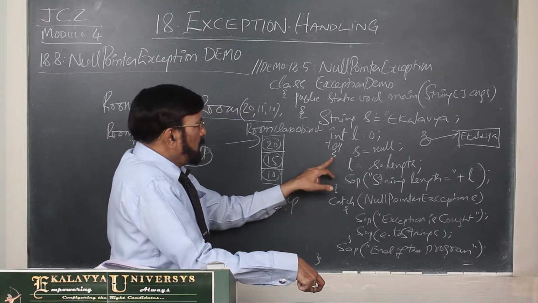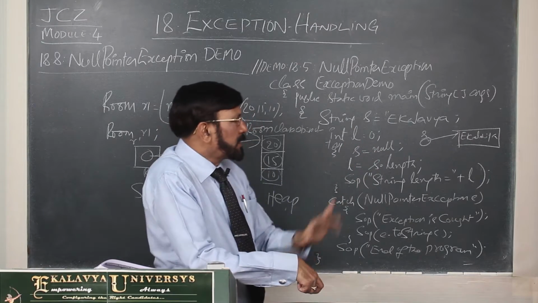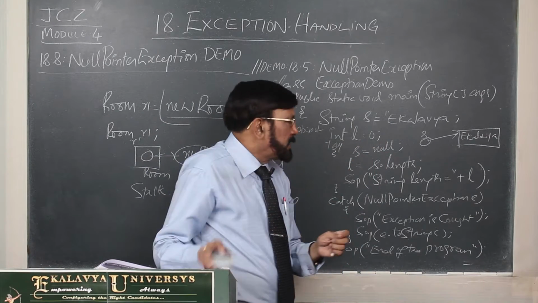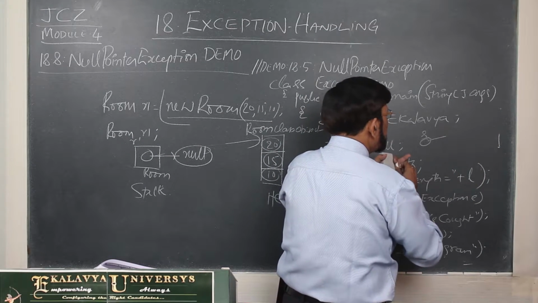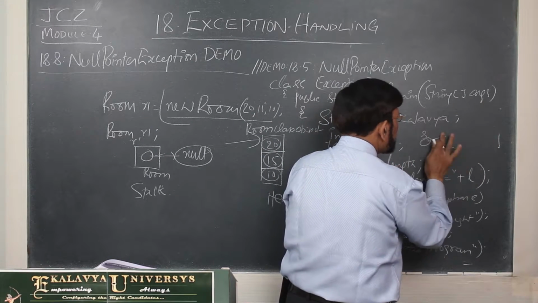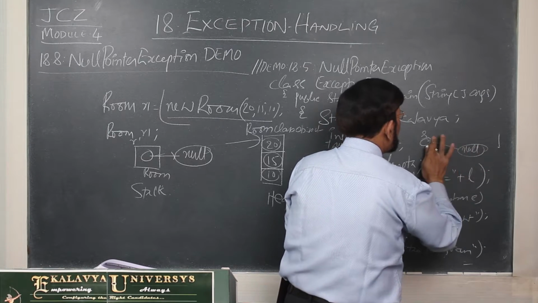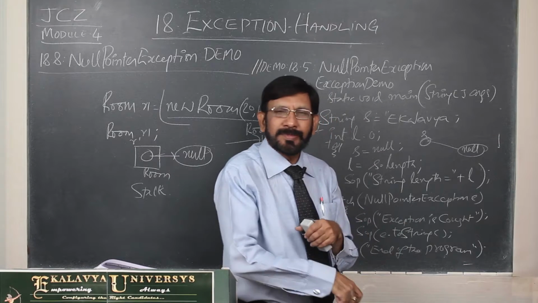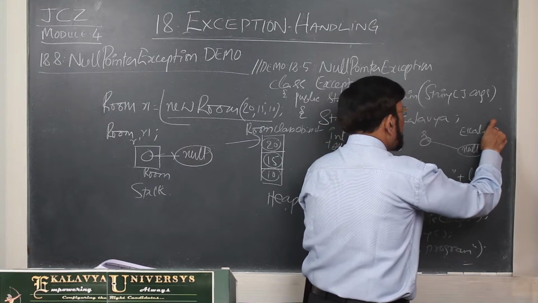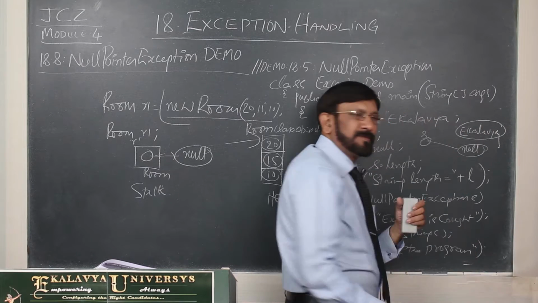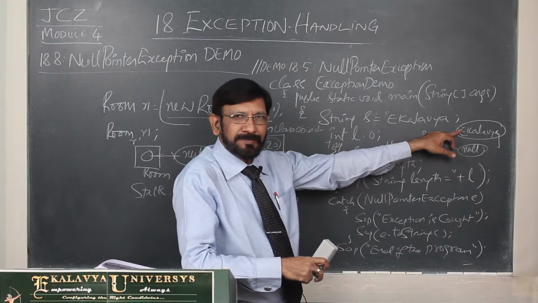Now, in the try block, what you did is S is equal to null. Null means, originally it was referring to that, and now it is null, understand. Contextually, I am telling you, this was actually referring to this.